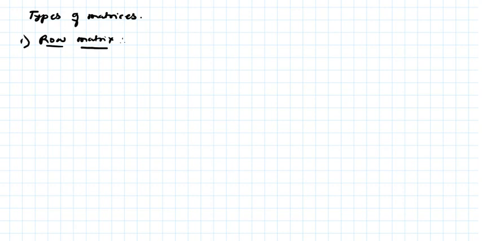The matrix will be called a row matrix if it contains only one row. The matrix which contains only one row is called a row matrix.